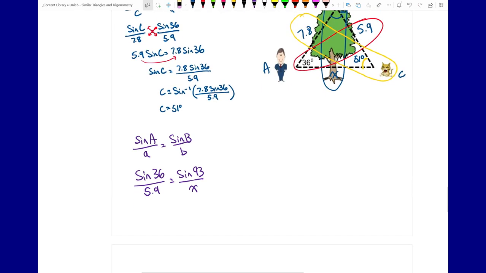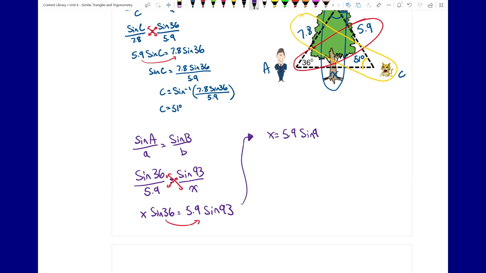So this part goes back to what we looked at in our previous lesson, solving for a side length. We're going to cross multiply. X times sine 36 is equal to 5.9 times sine 93. I want to get x by itself, so I'm bringing the sine 36 over. So we have then x is equal to 5.9 times sine 93 divided by sine 36.